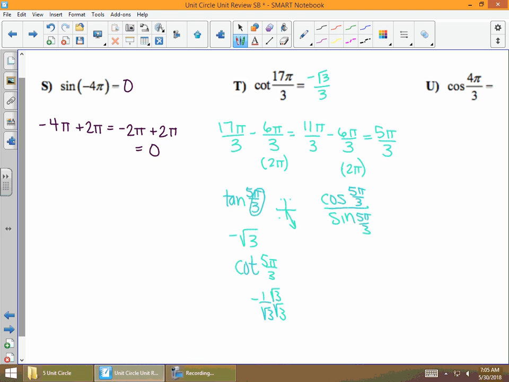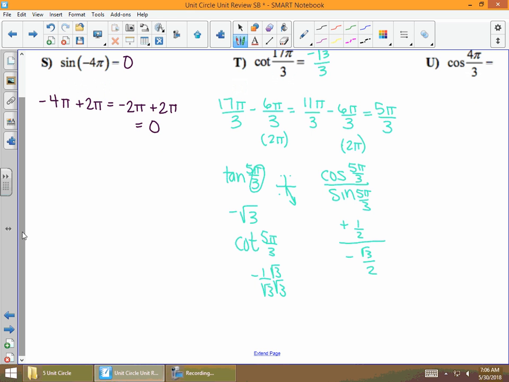If you want to do cosine divided by sine instead, again, we're in the fourth quadrant, so cosine is going to be positive and sine is going to be negative. At all my thirds, cosine is 1/2 and sine is radical 3 over 2. You can flip the second and multiply, and if you're doing that, you're flipping the bottom there.